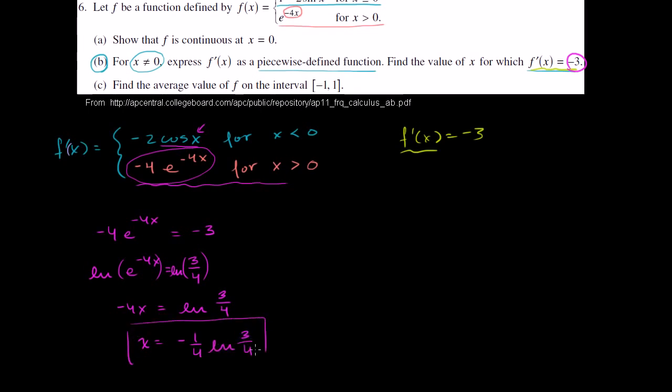What we need to do is verify that this x, since we used this case right over here, is greater than 0. We might be tempted to look at this and say, wait, this looks like a negative number. But we have to remind ourselves that since 3/4 is less than 1, the natural log of 3/4 is going to be a negative number.